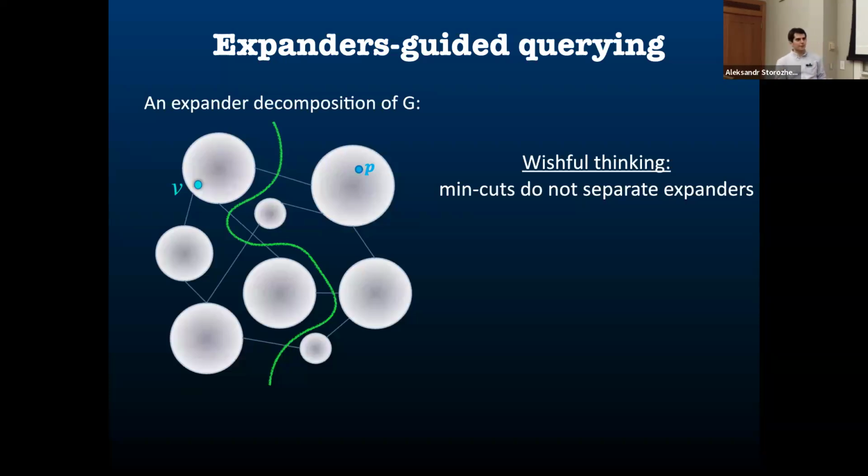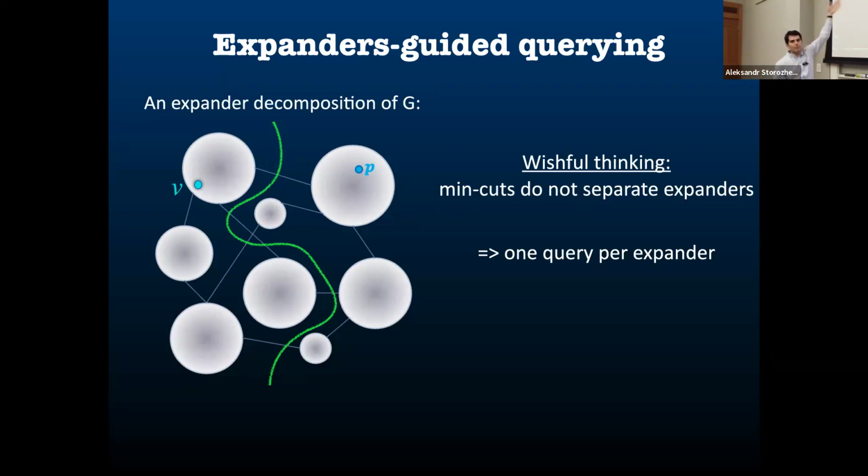And if that's true, then it's easy. Then I can pay only one query for each expander. The same cut that I got for V is going to be the cut for everybody in that expander. Everything in the expander is treated together, and then I save on the number of queries. I need to do only as many as the number of expanders, not the number of nodes. Of course, this is at a high level, and there are all the parameters that I'm hiding, but this is an idea that is at the heart of what's going on.